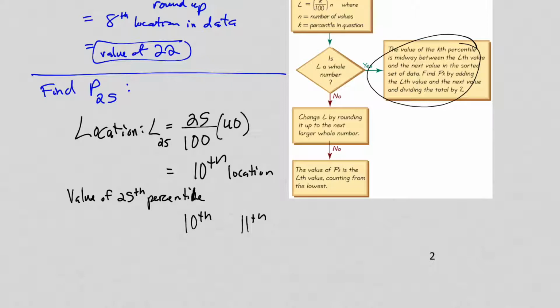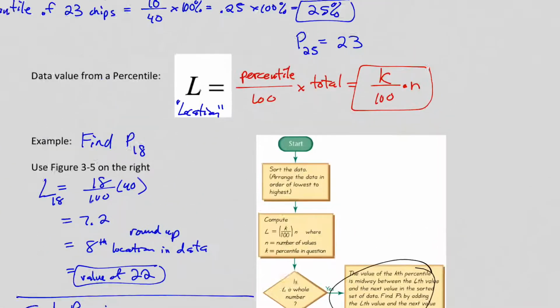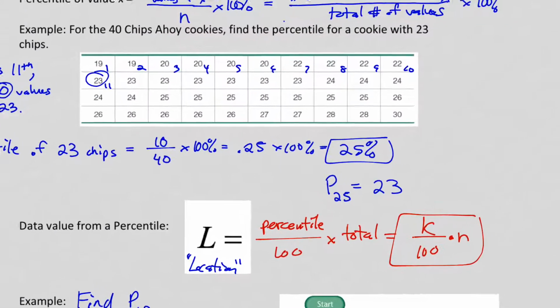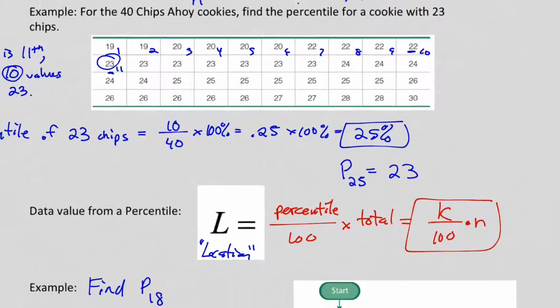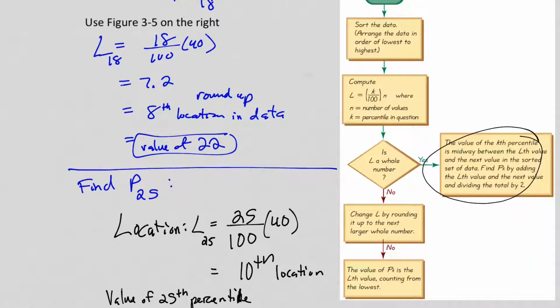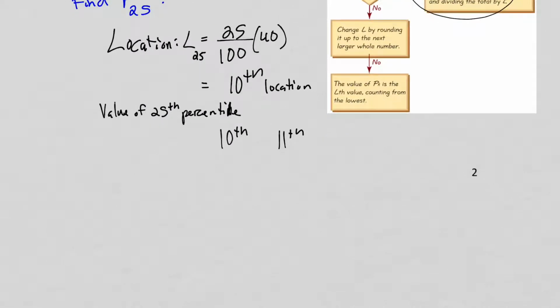So from our chart, we can see that the 10th location is 22, and the 11th location is 23.